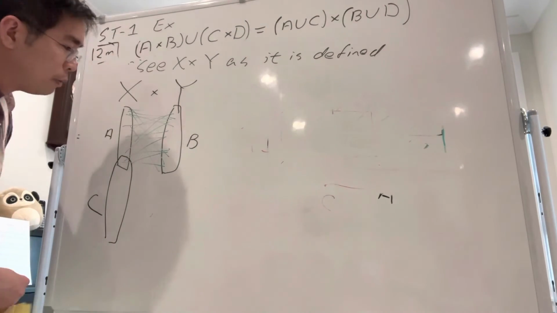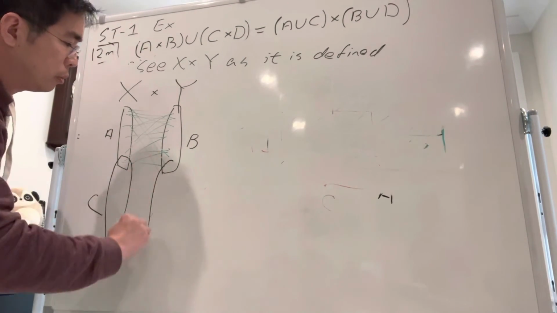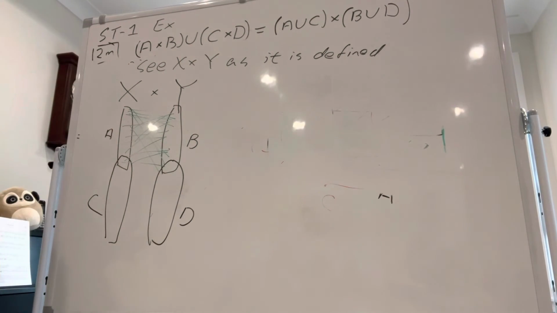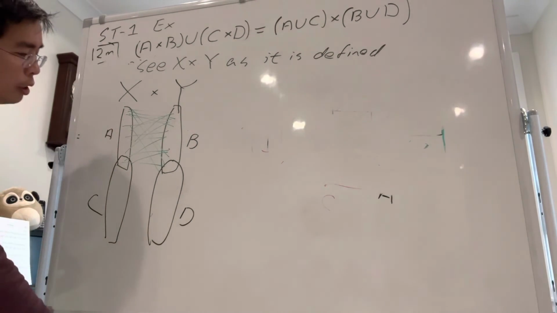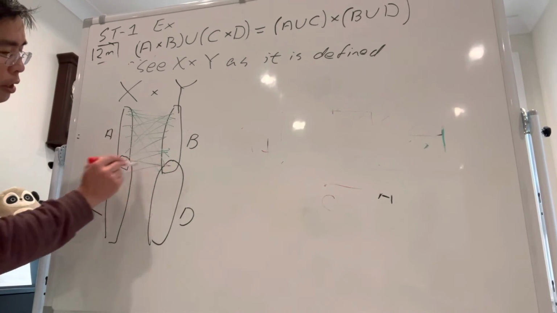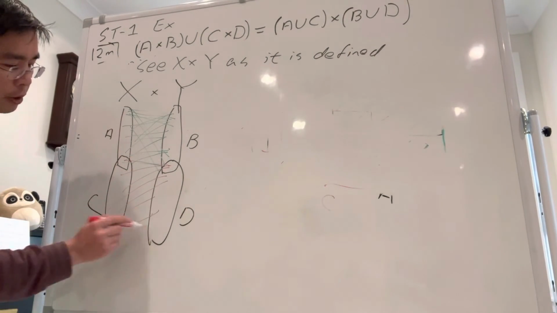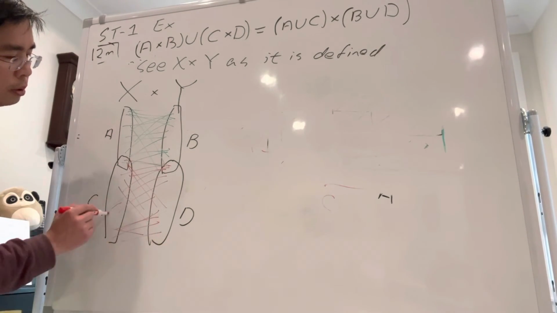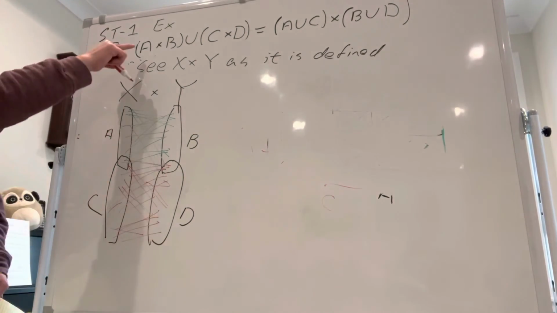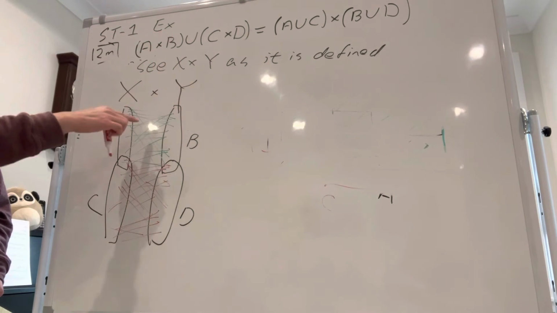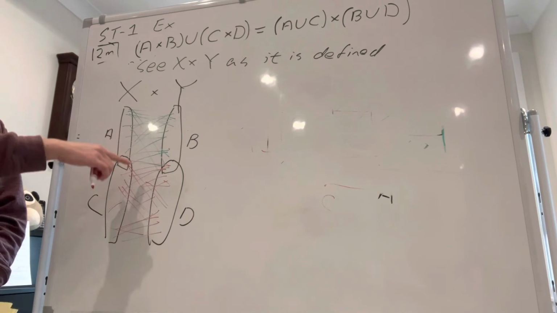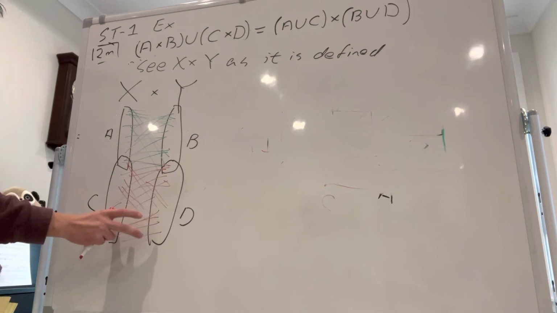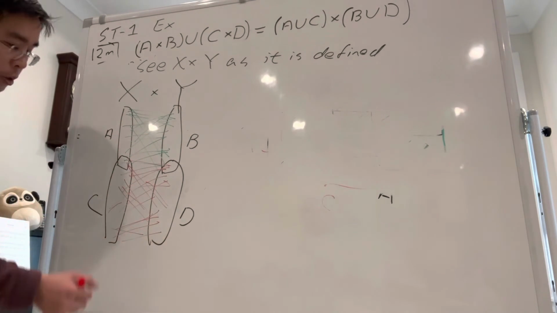Now, if I also have C and D here, then C cross D is again taking C and D and making crosses across every element. And this A cross B union C cross D is basically the collection of these lines, all the combinations here, and then all the combinations here. So this is the left-hand side.